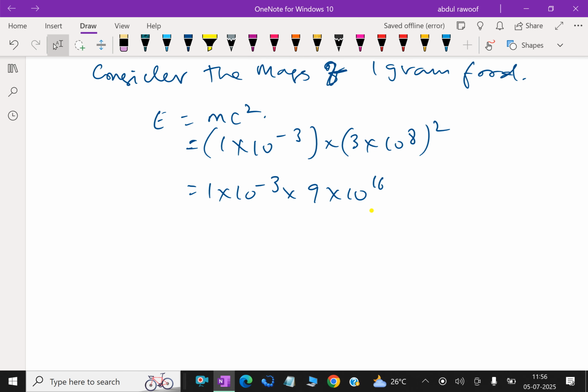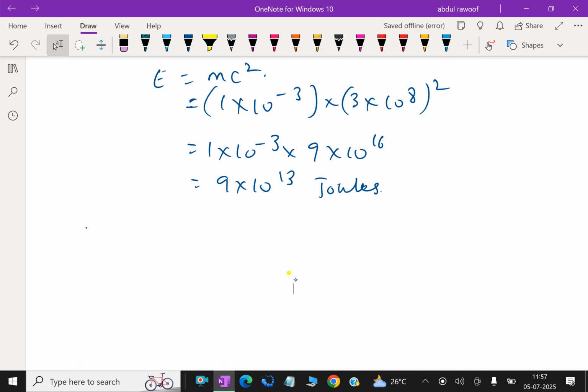Further, this equals 9 into 10 to the power of 13 joules. Very high.